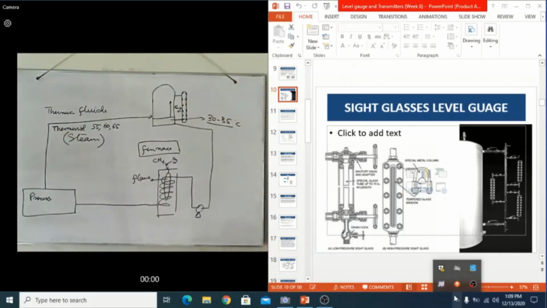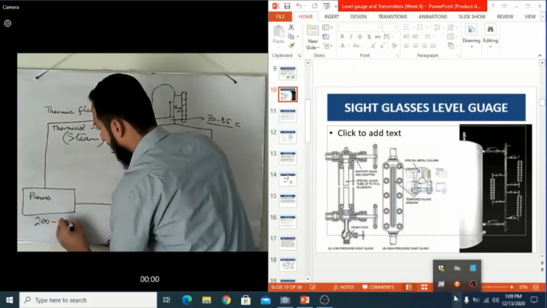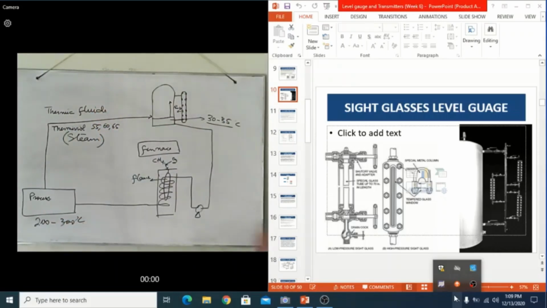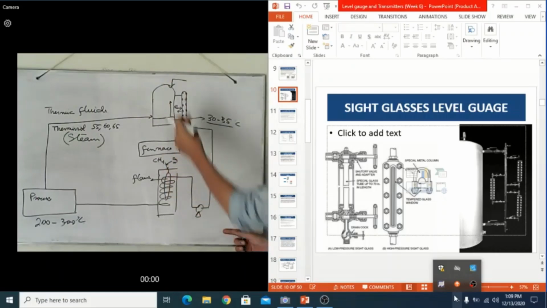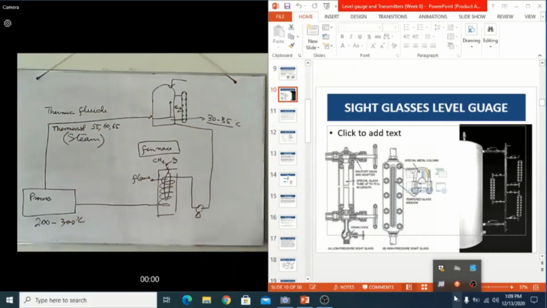So let's start with how you start up your process. Your process demand of temperature is around 200 to 300 degrees centigrade, and at the beginning, when you are introducing this fluid into this tank and through the complete process, its temperature is around 30 to 35 degrees centigrade, which we consider the normal conditions of Karachi.